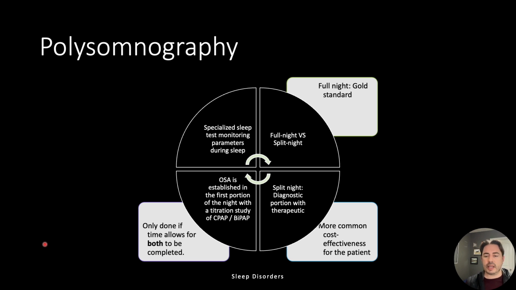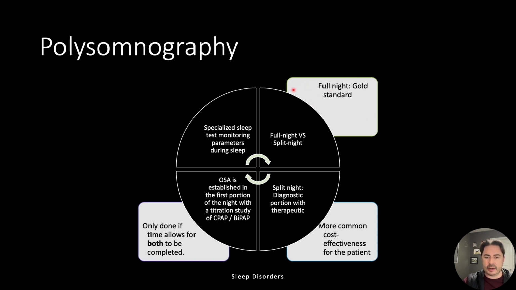We're getting esophageal monitoring, ocular monitoring, an EKG, and nasal and oral airflow. And then we have a belt that goes across the chest and across the abdomen to detect any abdominal or thoracic efforts.